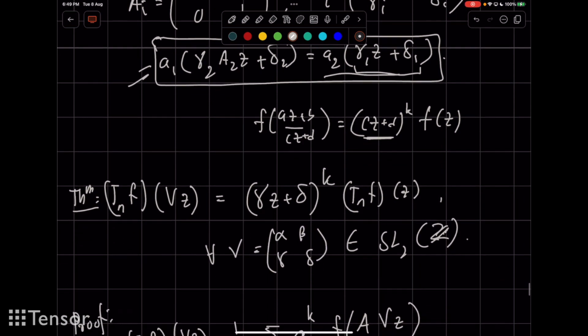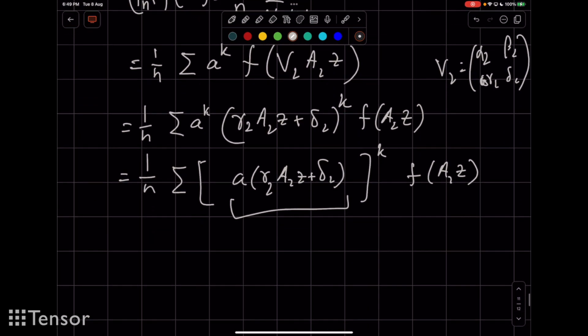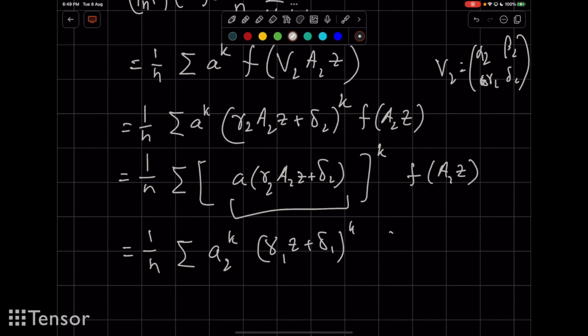So what is the term on the right hand side? Sum of a2 to the power k, then (gamma_1 z plus delta_1) to the power k.